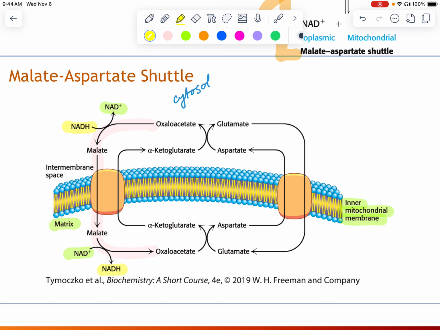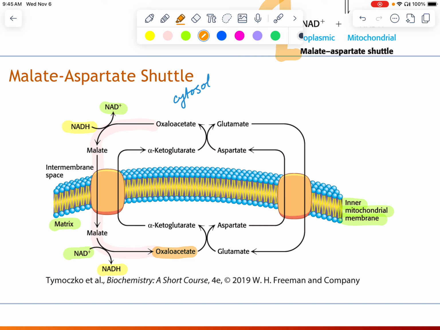So we are, by a seemingly complicated route, transferring those electrons. So now we have NADH inside the matrix. Now that's all well and good, but we need to be able to get this oxaloacetate back out. We've got to be able to do this whole thing again and again.